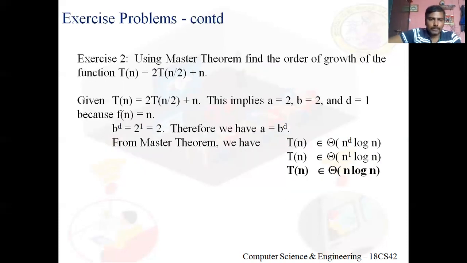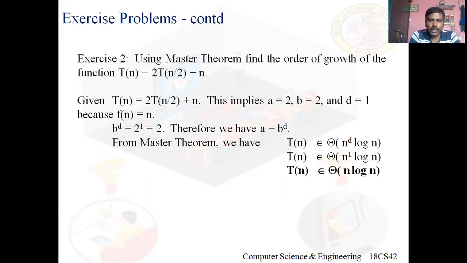When I compare, I find a and b equal 2. And f of n is n, so f of n is linear.